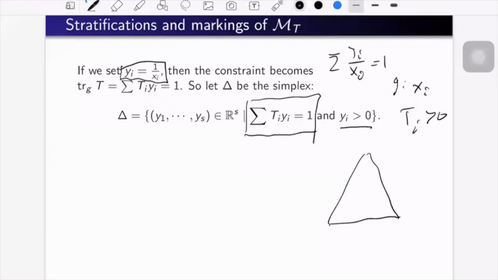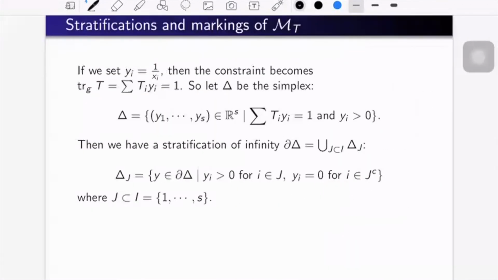And when Yi goes to 0, that will be the infinity in the space of metrics. So these sites here, the infinity in the space of metrics, you can see in the boundary of the simplex. The boundary of the simplex, when some of the Yi vanish, is stratified. Right? In this picture you see a clear stratification.